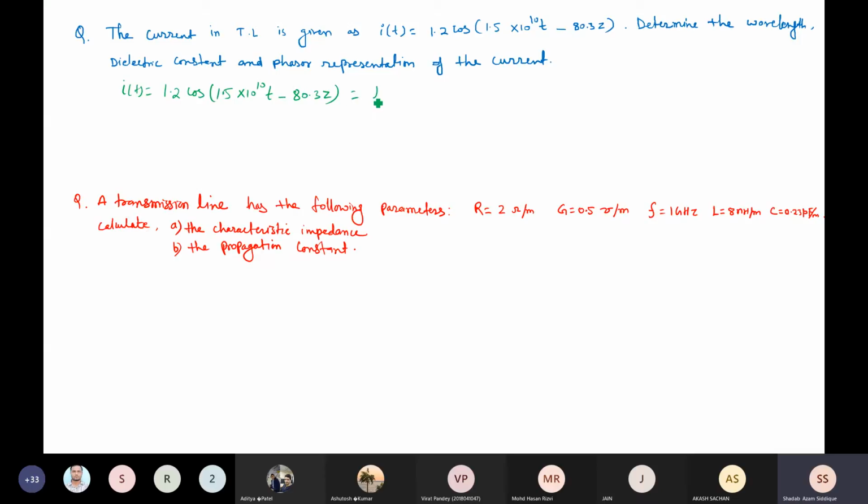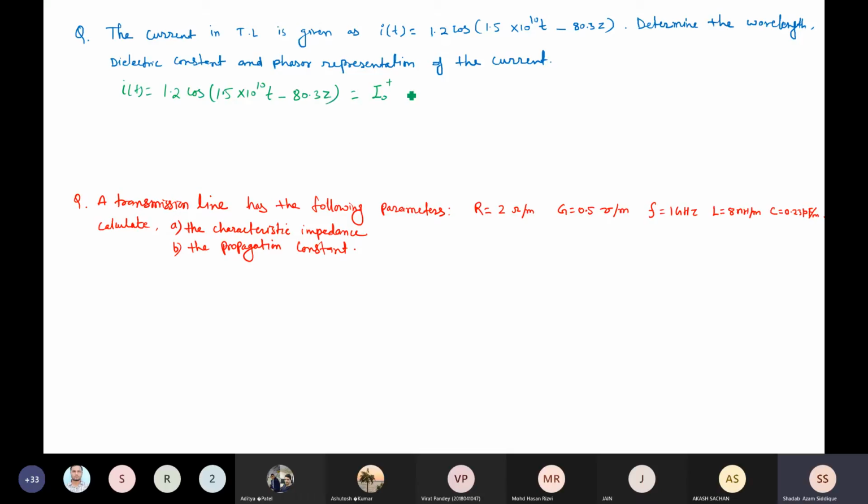Now this current can be written as I naught plus cos of omega t minus beta z. Here it is given as omega t minus beta z, and minus beta z means the wave is propagating in the plus z direction.